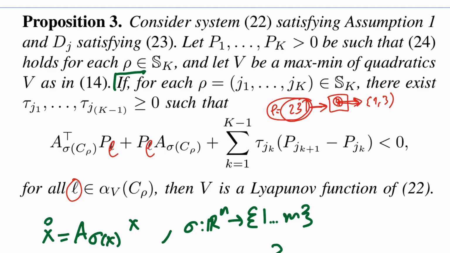So each permutation, like you give me a permutation, there are a finite number of permutations, it is easy, and for each permutation, I'm going to give you a set where L will be taking values from that set.